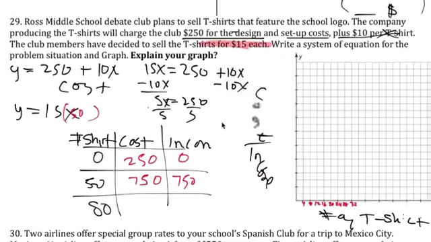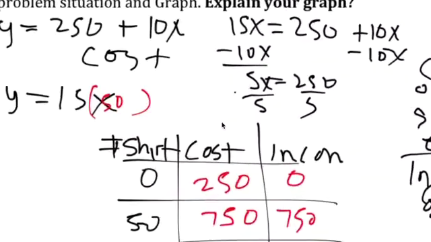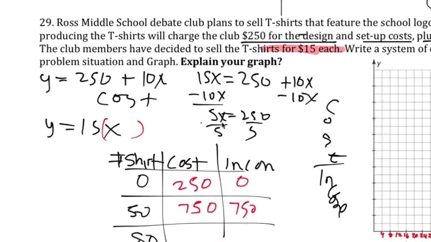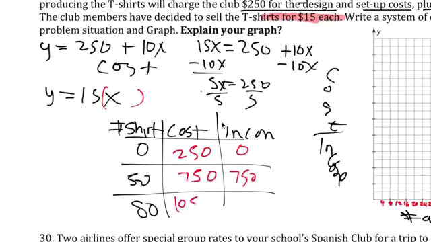And then 80, find how much 80 is for cost. 80 times 10 is 800, and that's 1,050. Now income times 80, that's 0, 40 carry 4.